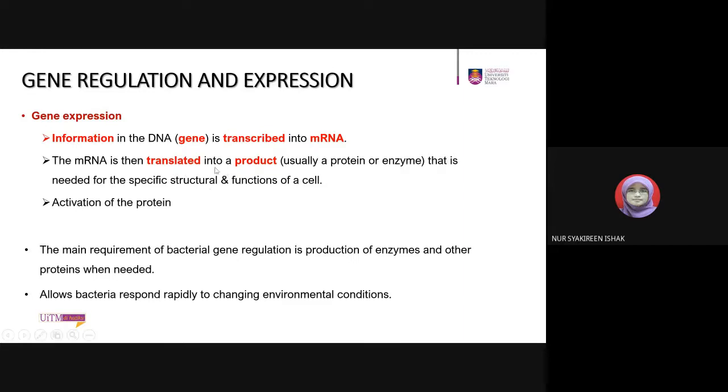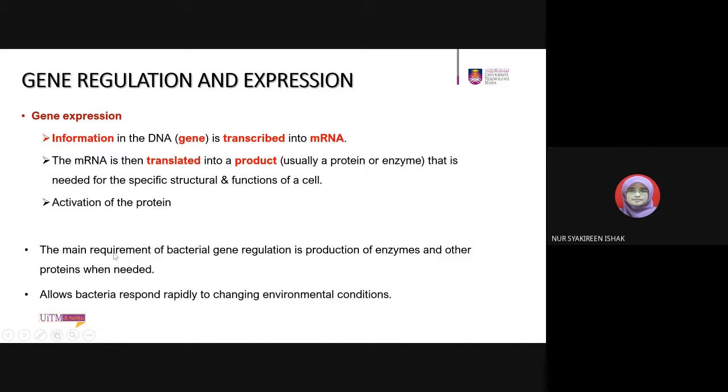So those are the proteins that are involved in the formation of structure within the cell. As for function, for example, it is involved in metabolic reactions, such as enzymes. So the protein needs to be activated. The proteins produced will have a certain function, so there is activation of the protein.